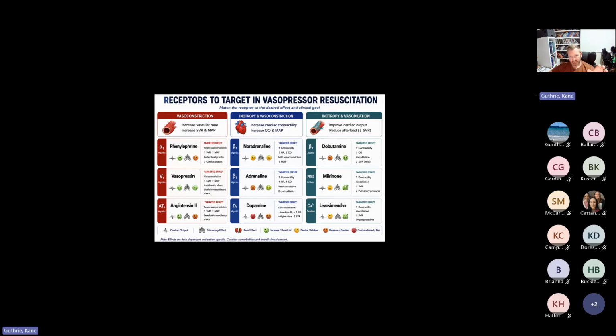We then look at our drugs that provide inotropy and vasoconstriction, the best one being noradrenaline. We use it quite a lot, and ICU and theatre use it a lot. Adrenaline works really well as a vasoconstrictor, but it also has a little bit more inotropy. So adrenaline actually works quite well with noradrenaline.